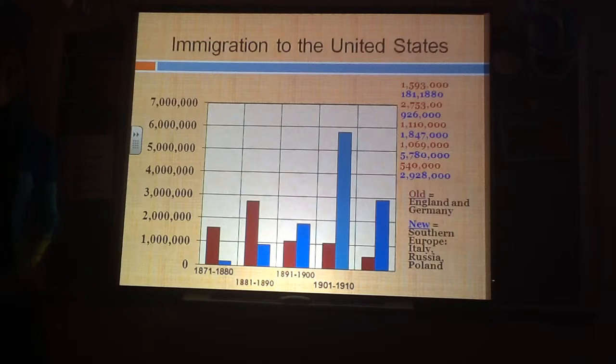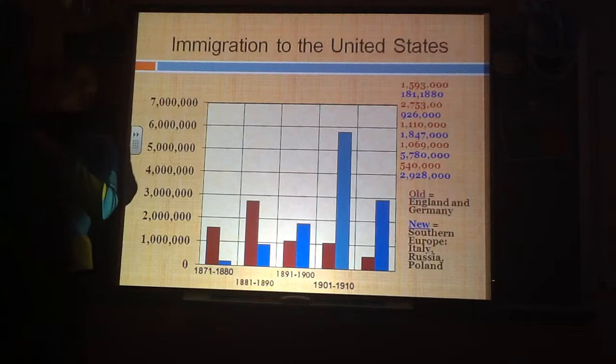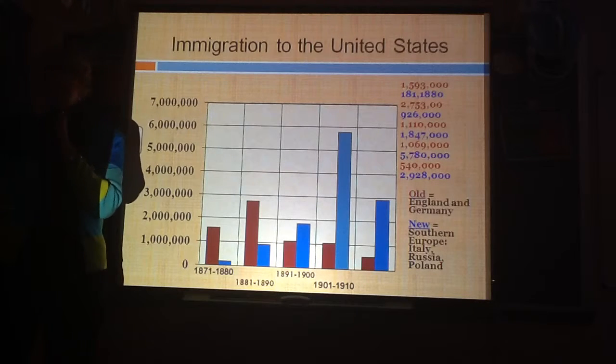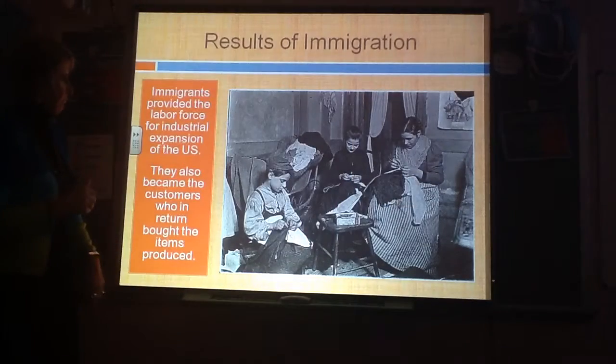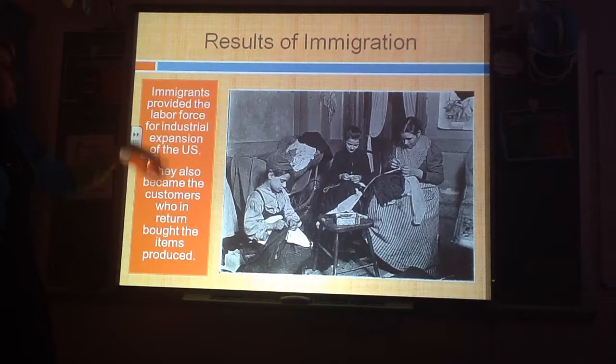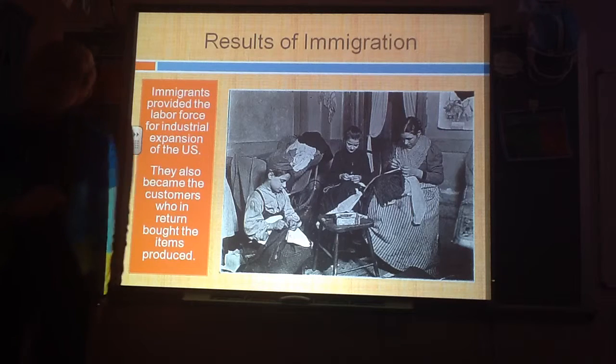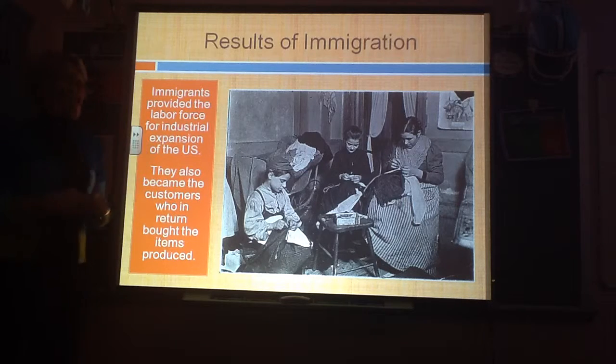Well, many of them were poor, and so it's the whole idea of you are less than in the approach to society of social Darwinism. The results of immigration, now they love the immigrants coming because they provided an inexpensive workforce.